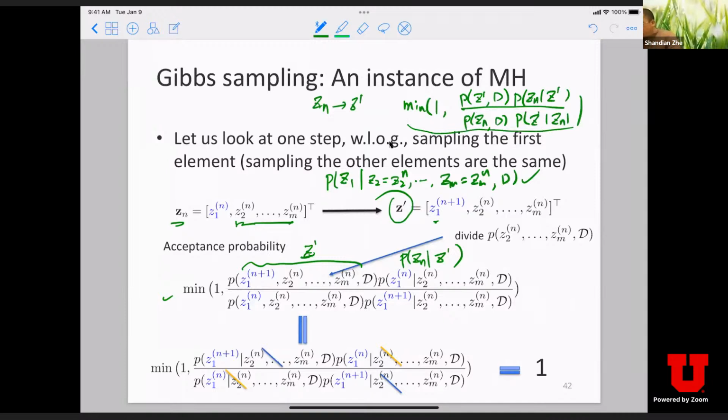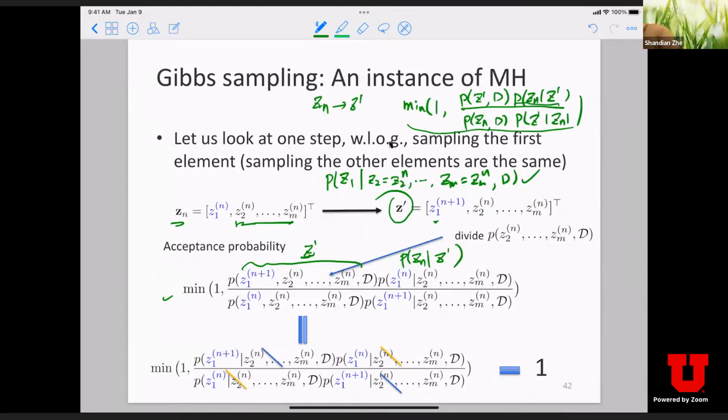So here, we just evaluate Z prime in the numerator, and then we need to compute the proposal probability that, conditioned on Z prime, you generate Zn. According to the rule of Gibbs sampling, this is also a conditional distribution, right?